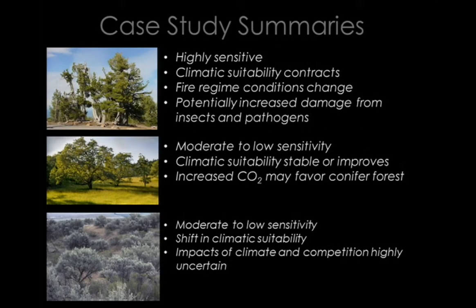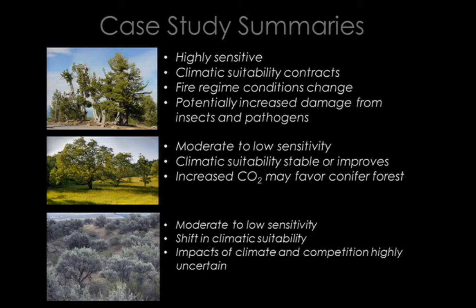So just to summarize, for white bark pine, we found a lot of convergence in the information that we reviewed. Unfortunately, the convergence was that that species is not going to do very well in that area. But we gained certainty by looking at all those different pieces of information.